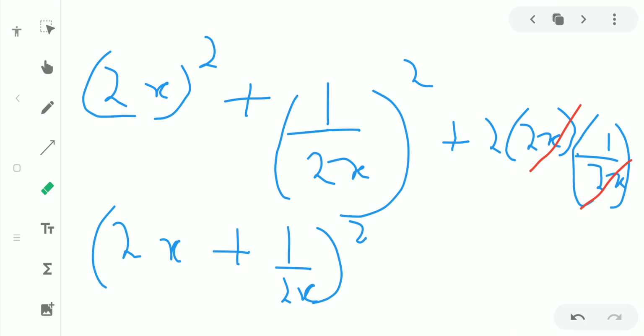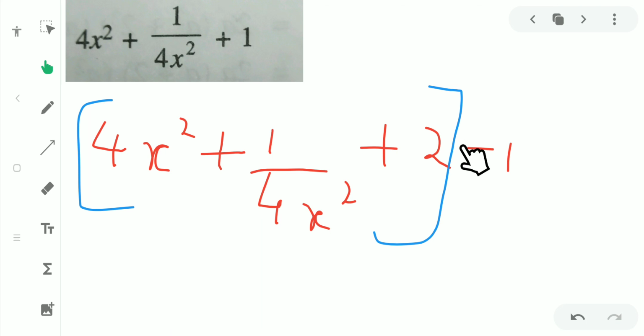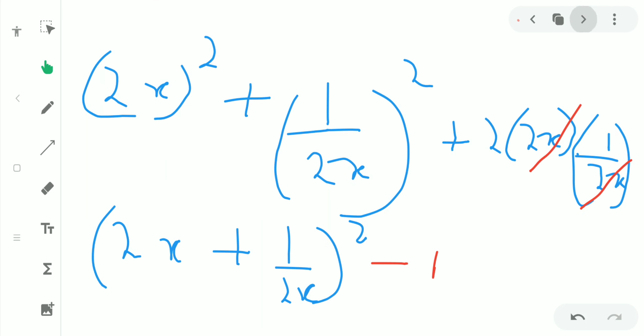And now I will be writing here minus 1, because the leftover is nothing but minus 1. We have simplified this expression that is in the blue brackets, and we should solve minus 1.